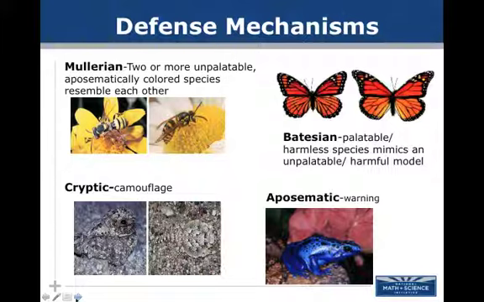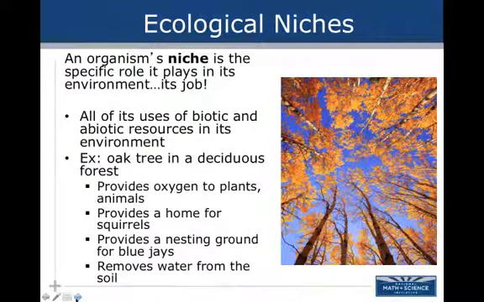The aposematic, where the color is the warning: you don't want to eat me, I'm going to kill you. And then this cryptic camouflage, where the organism is able to hide. And if you look really closely at this second picture, you can see that there is an organism down there whose coloring is mimicking the bottom of whatever system it is involved in. So those are the four types of defense mechanisms.